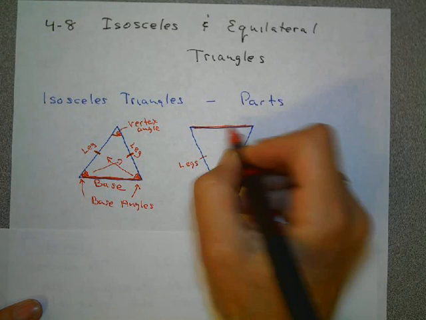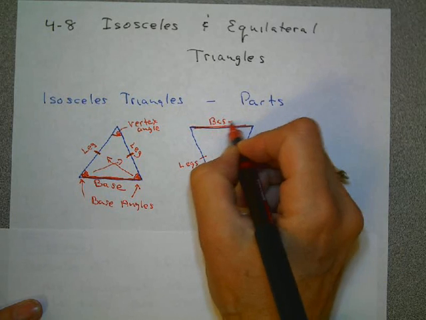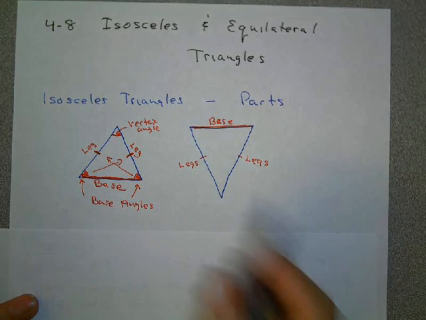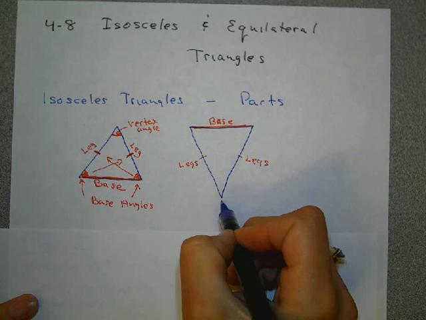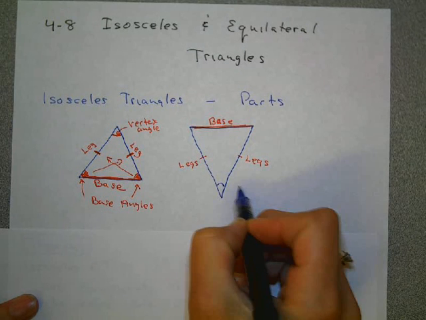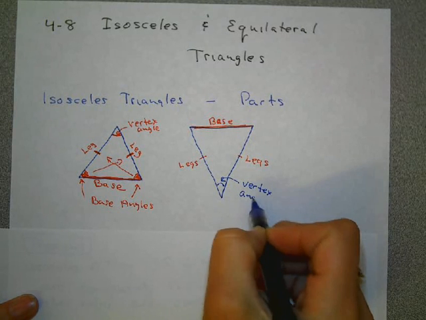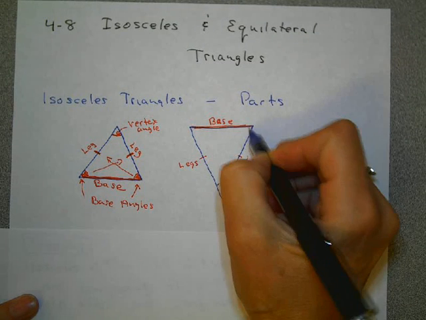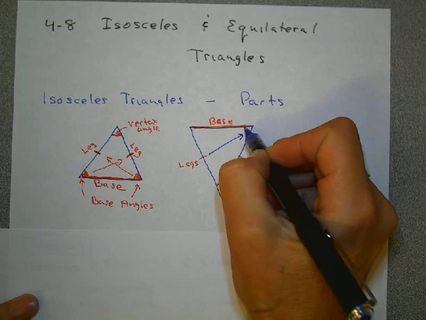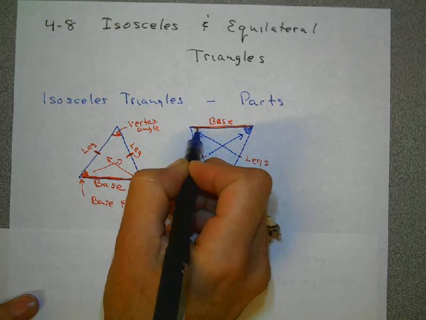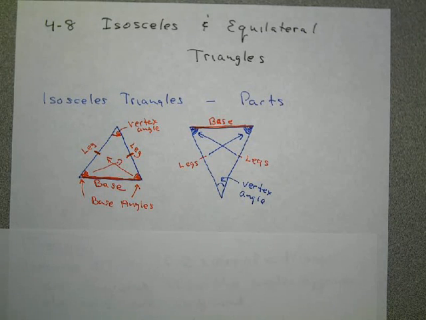That would put our vertex angle, since it's always between the legs, right there. And base angles would be across from the legs, so there's the base angle right here, and here's the other base angle right here.